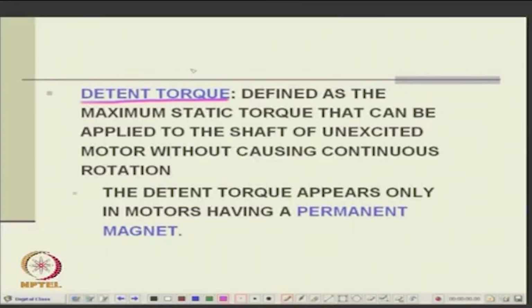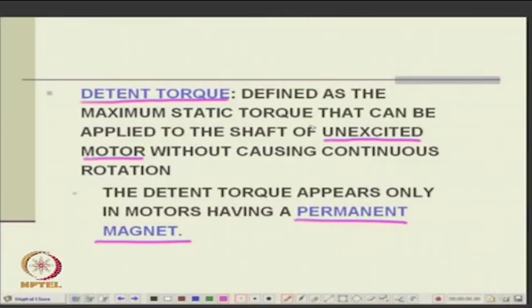Then there is the return torque. The return position is when it is unexcited. Do not excite it at all, and this applies to permanent magnets. Suppose the rotor has a permanent magnet. If it is just an iron piece it is a dead machine, but with a permanent magnet it is not dead because flux is always produced.